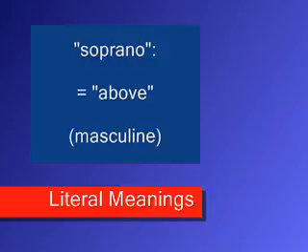But if you take a look at the word itself and think of it as an Italian word, you see that it ends in an O, and words that end in O in Italian are masculine. This does not accord with our notion of what a soprano is. We normally think of a female person when we think of a soprano.